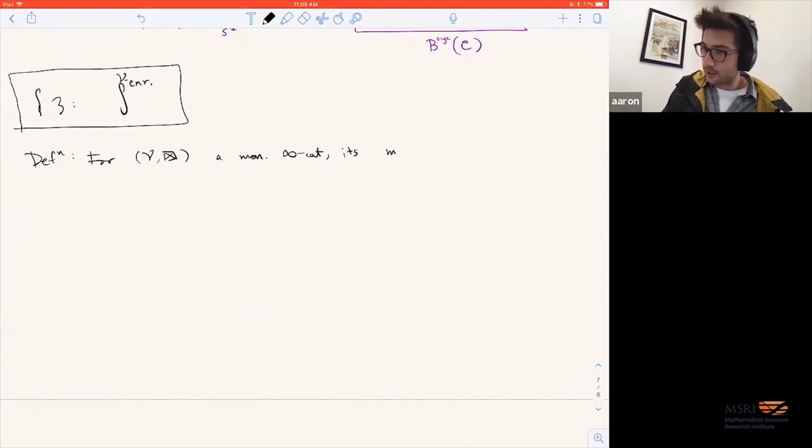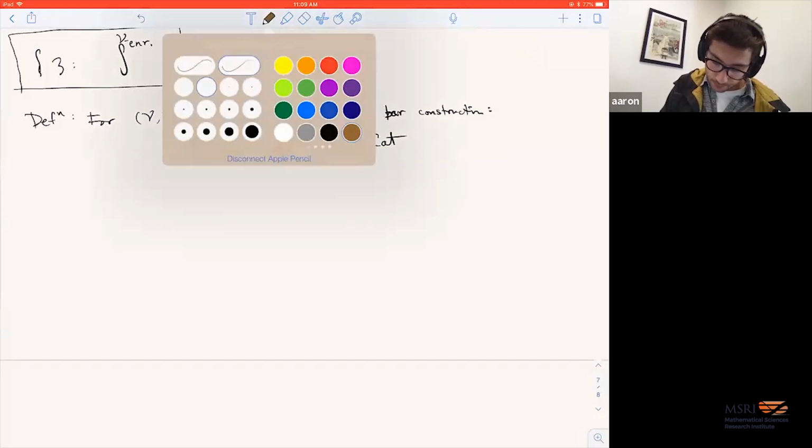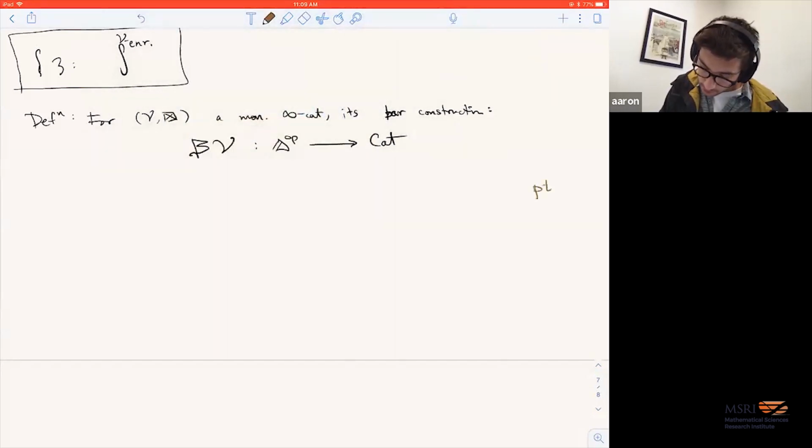So we have its bar construction. I'll write that as BV. So this is a simplicial object in infinity categories. What does that record? Well, at level 0, it's just a point.